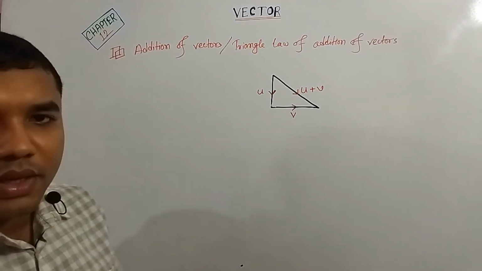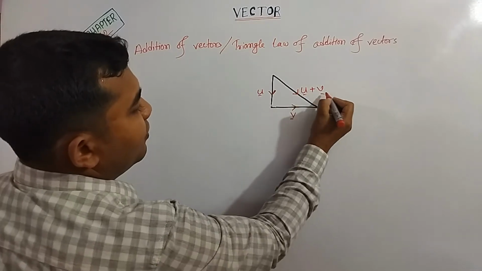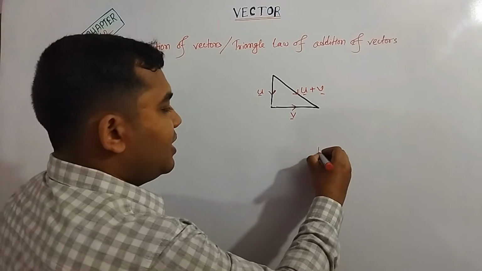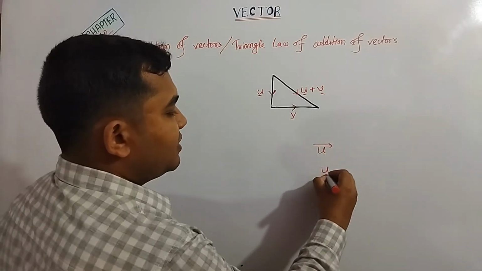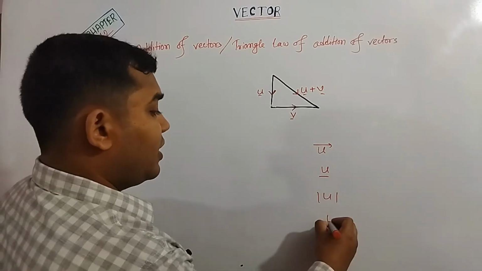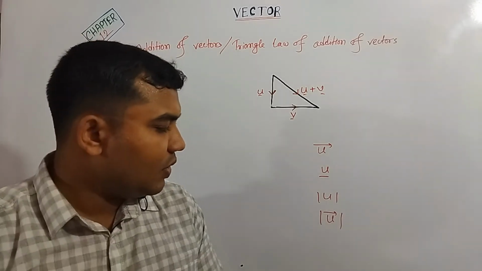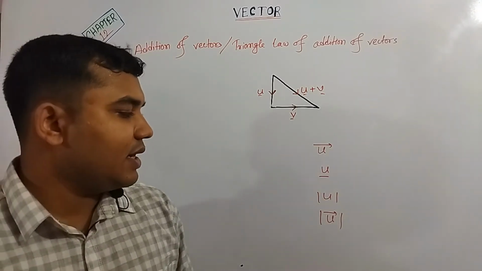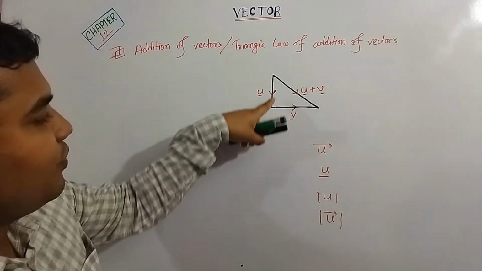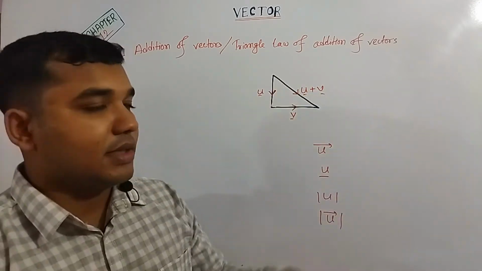Vectors can be expressed in several ways, this way, that way, like this. Here was the u vector, here is the v vector, and this vector has been restricted by these two, that's why it is equal.